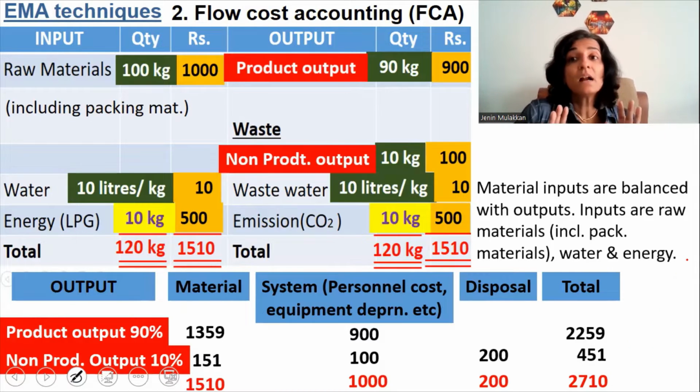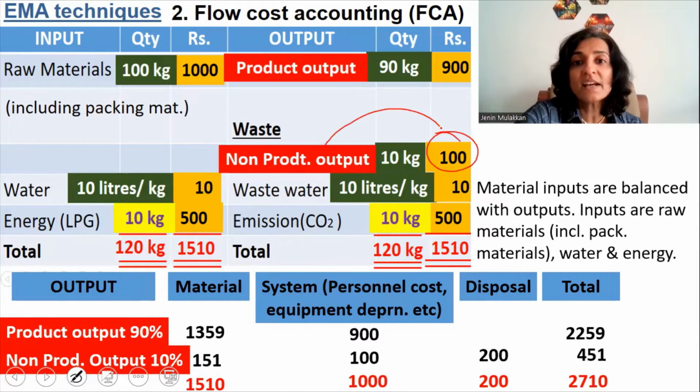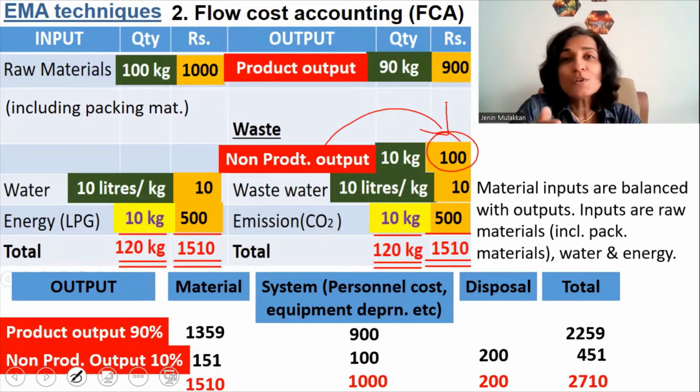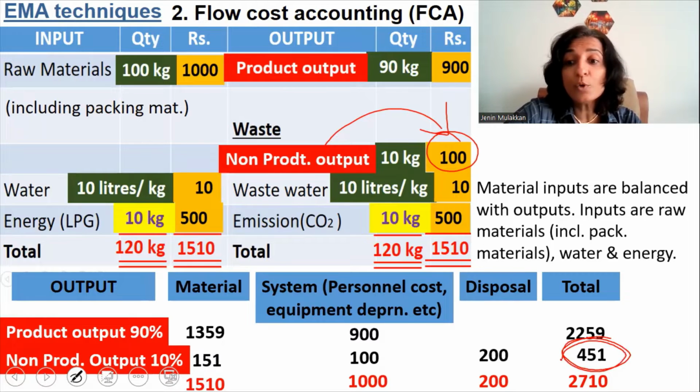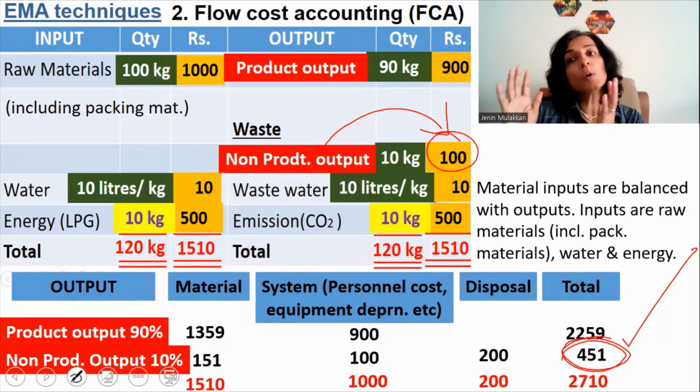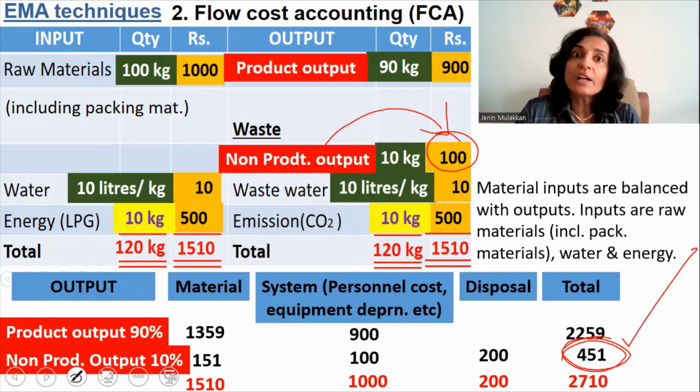Now, when companies started adopting flow cost accounting, they were in for a shock, because earlier they thought that the cost attributable to the non-product output under the input-output method was only 100 rupees. But now they realized that the cost attributable to the non-product output is 4 times that, 451 rupees, because this non-product output also passes through the production process, right?